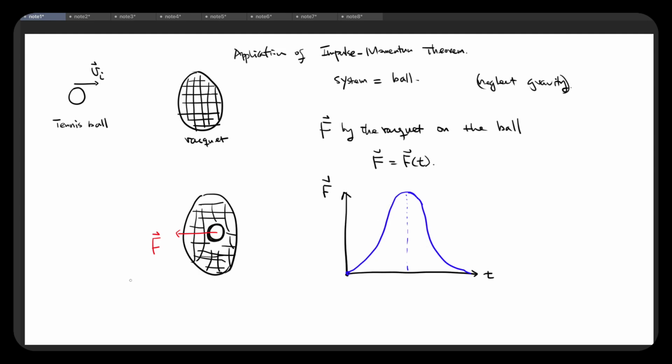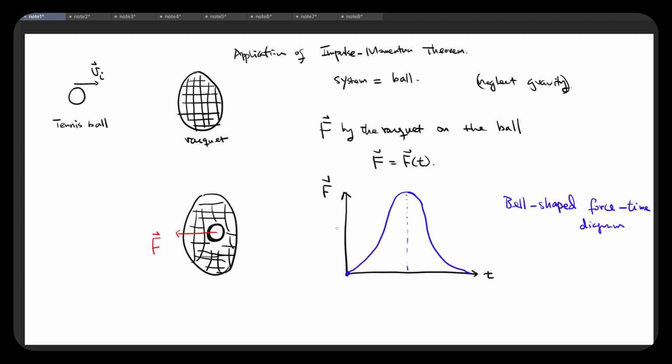So the shape here is a bell-shaped force versus time diagram.